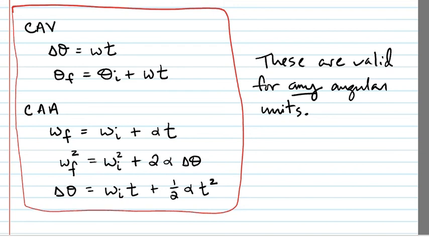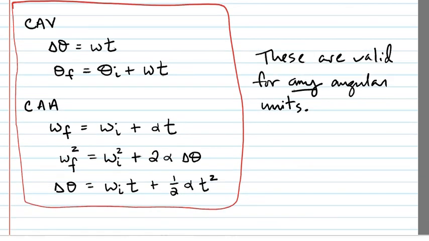So you can use these equations with degrees or with revolutions or with radians. You just want to be consistent. It would be silly to mix all the units or pseudo units together. Once you start with one, stick with it. Unless the problem specifies otherwise, you may have to do something else.